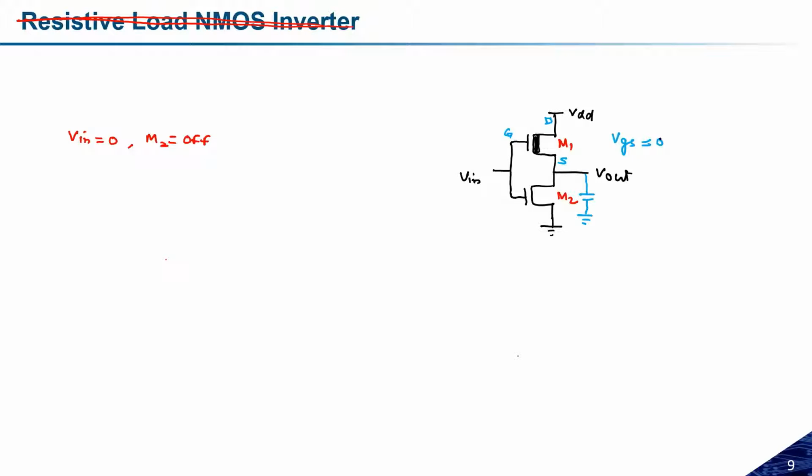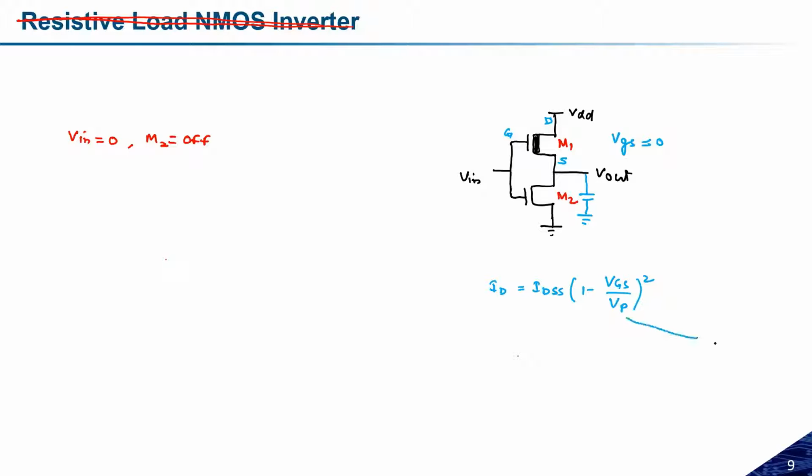And we know the current equation for this depletion kind of MOSFET: ID is equal to IDSS times (1 minus VGS divided by VP) whole square, where VP is a negative value for the N MOSFET.